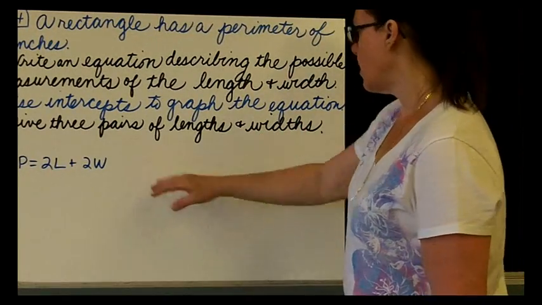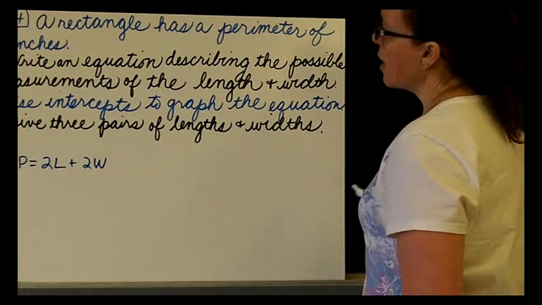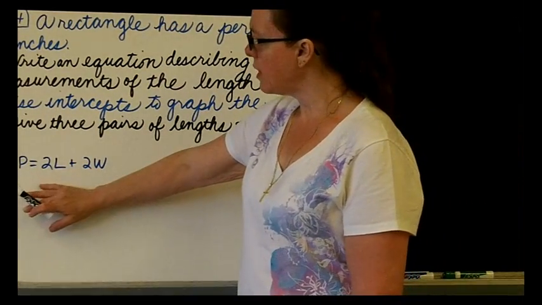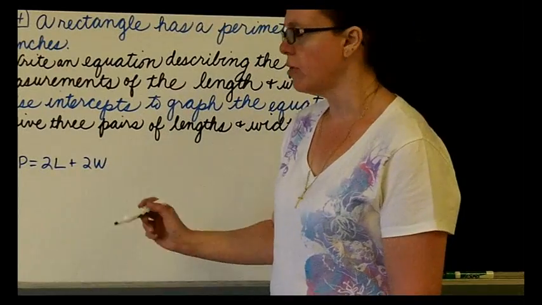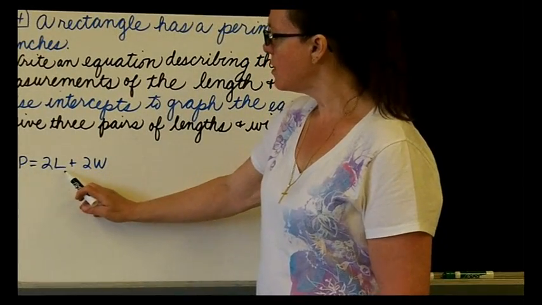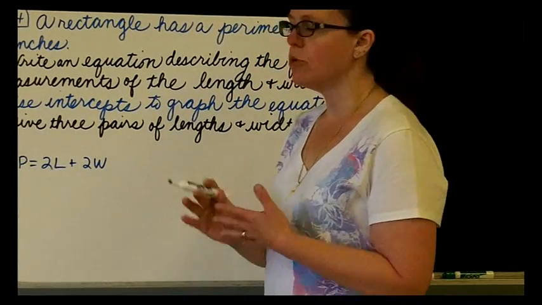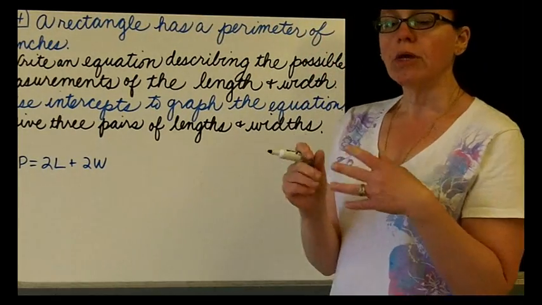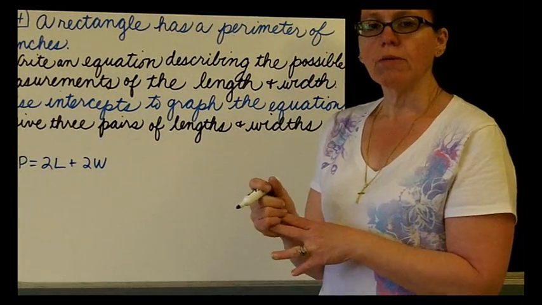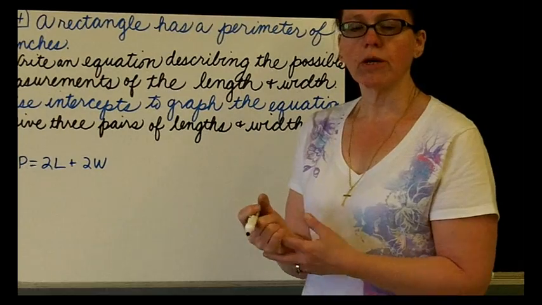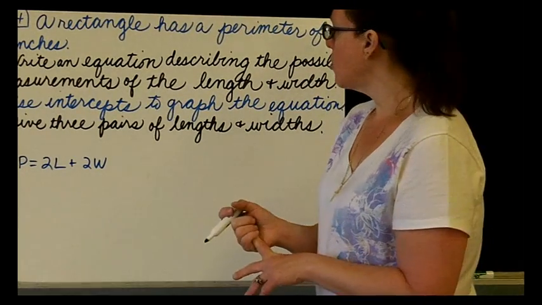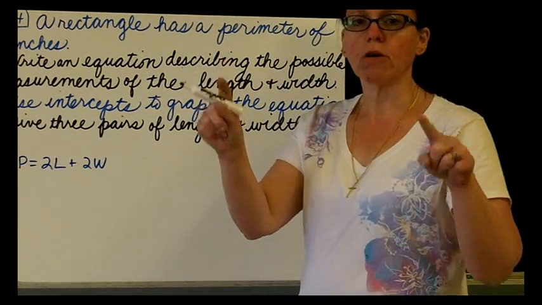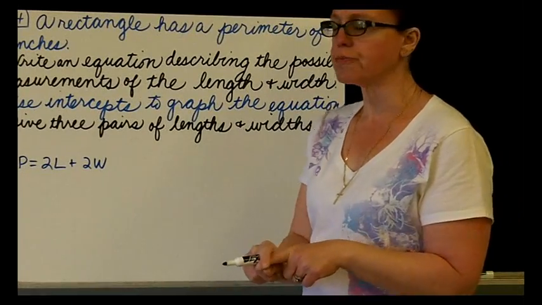So in part A, I started us off by reminding us of what the formula is for perimeter. Perimeter equals twice the length plus twice the width when we're talking about a rectangle. Because you know perimeter, peri, means around. Meter comes from the word measure. When we talk about perimeter, we mean the measurement around the rectangle.